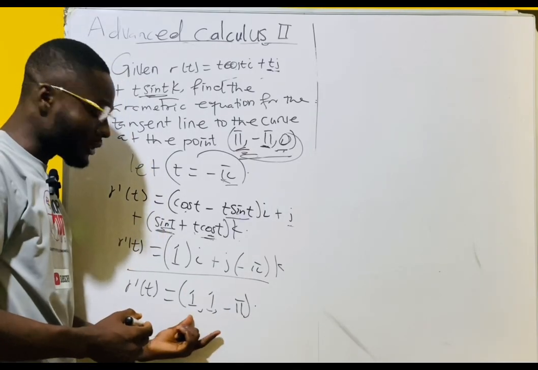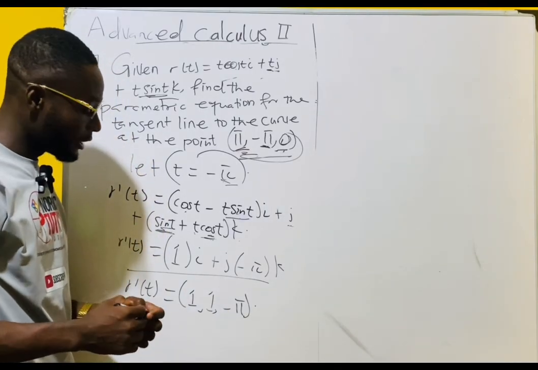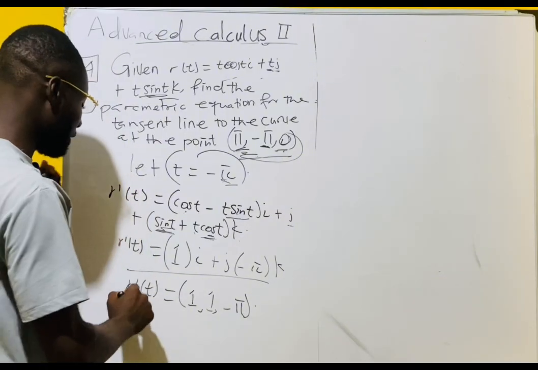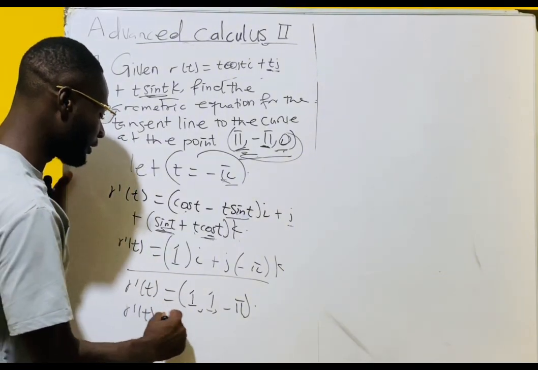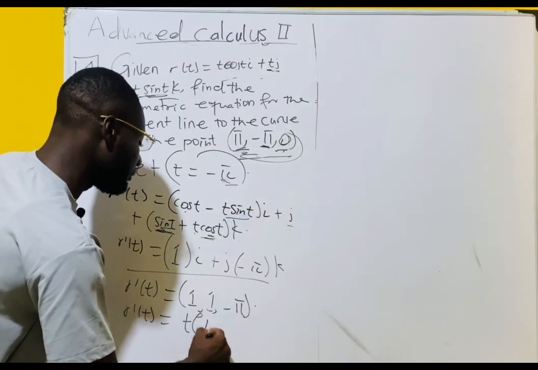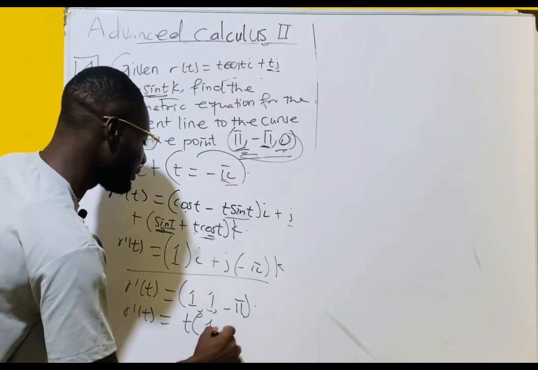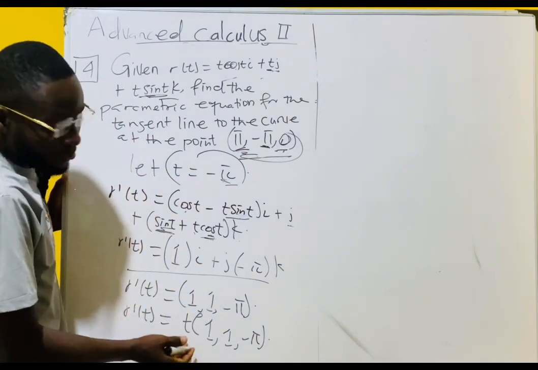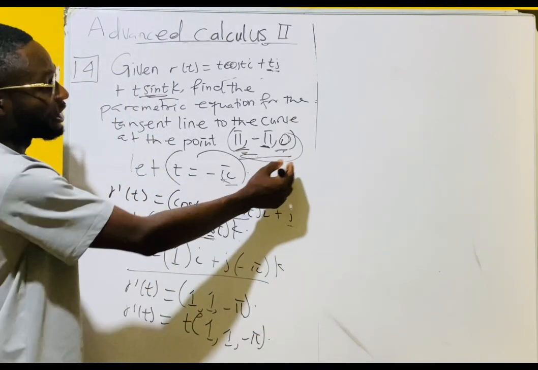You know that always we have to multiply the direction vector by a scalar. So we're going to have r prime of t equal to t times 1, 1, negative pi. Then we expand this, then add it to the initial point.